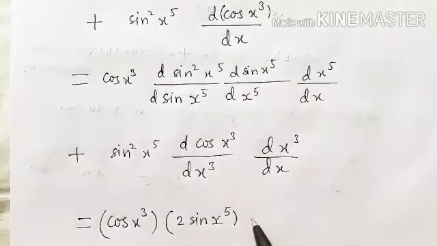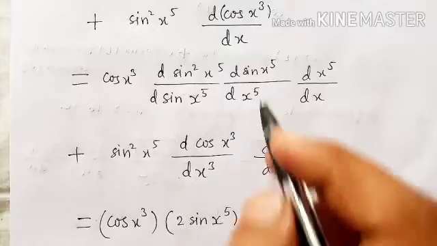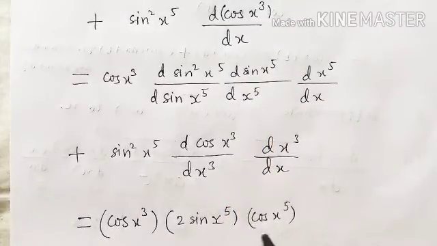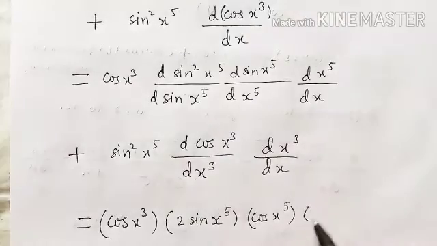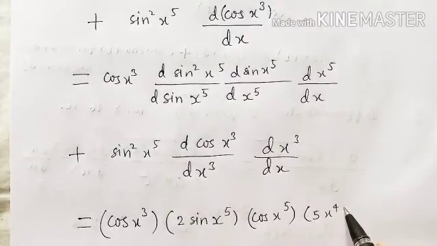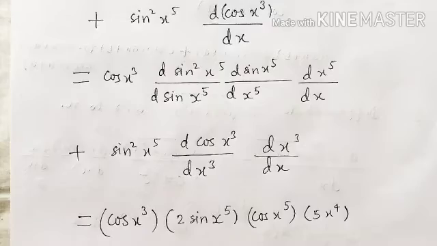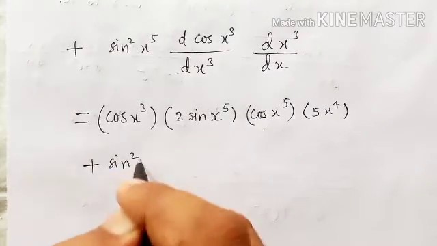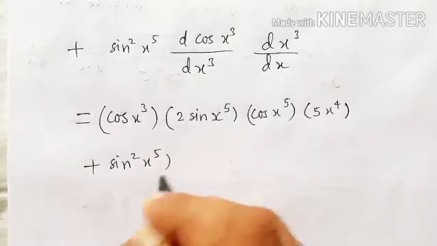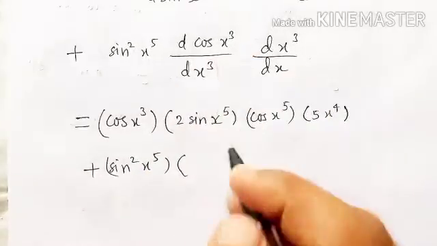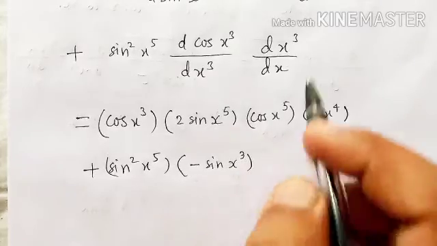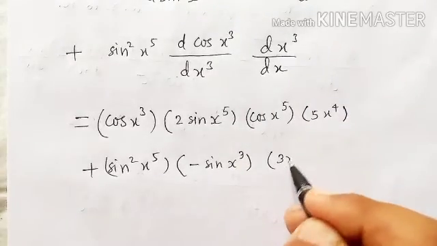Now here d of sin x is cos x, and here x to the power n is 5x to the power 4, plus sin² x to the power 5. d of cos x is minus sin, and this is x to the power n.